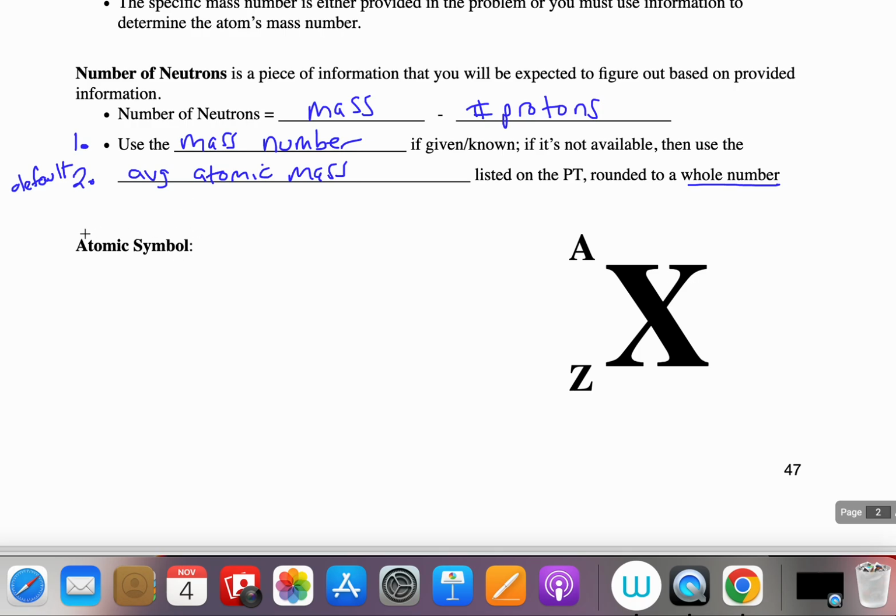Now, one way to represent information about a particular atom is the atomic symbol. Here we see the letter X, and X represents the element's periodic symbol.